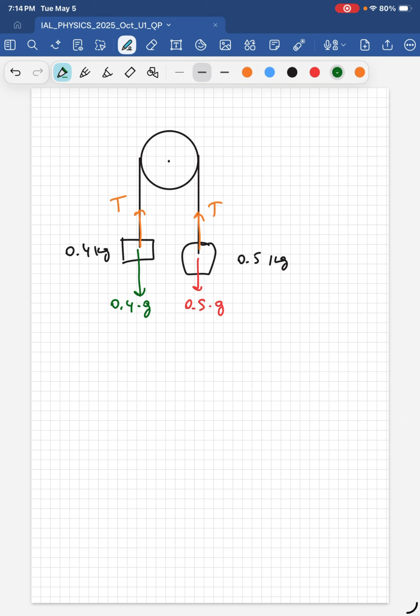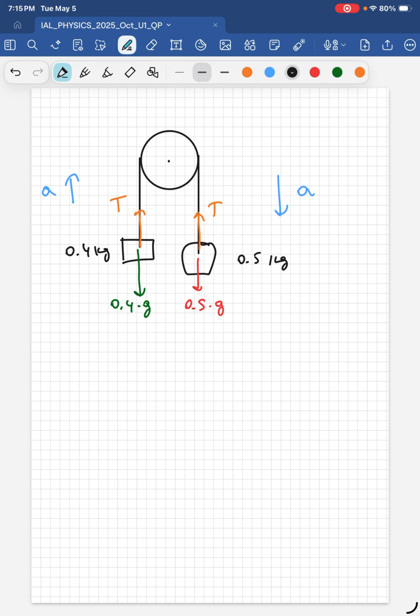Because the 0.5 kilograms mass is the heaviest, the system is going to move in this direction. So the acceleration is going to be down for the 0.5 kilograms mass and up for the 0.4 kilograms mass. Okay, I hope this makes sense. And this acceleration is of course going to be the same for the two masses.